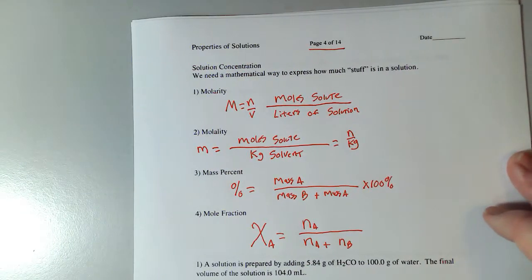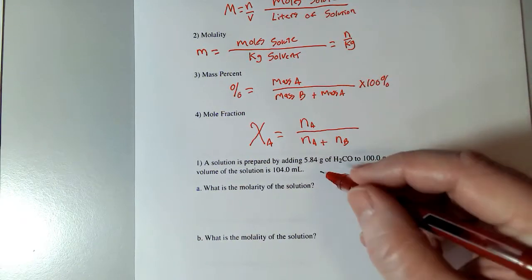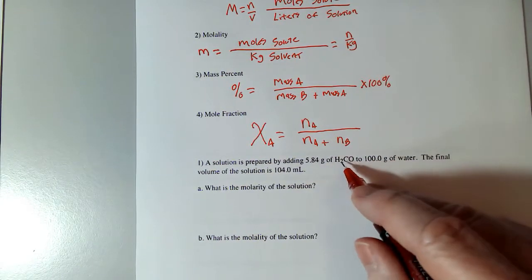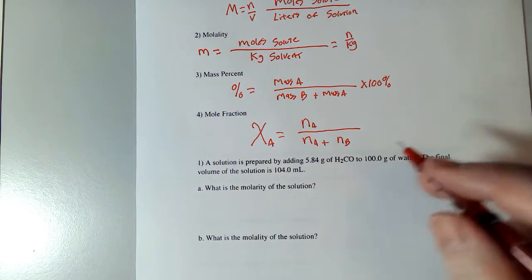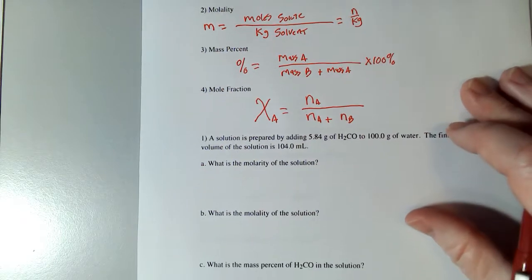Now, let's dive in. Let's do some math. We have 5.84 grams of H2CO. It's in 100 grams of water. The final volume is 104.0 milliliters.